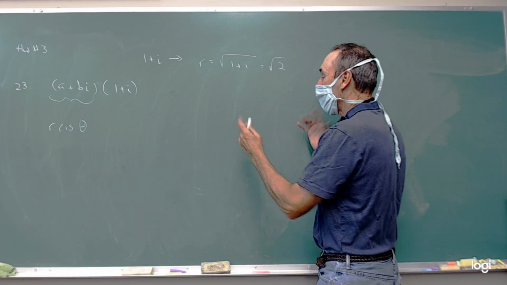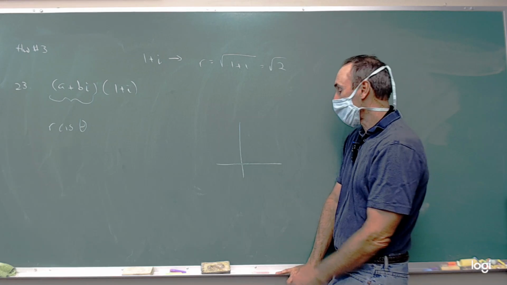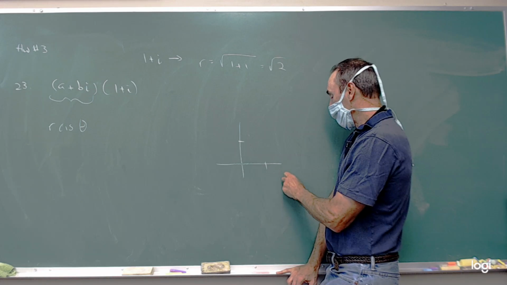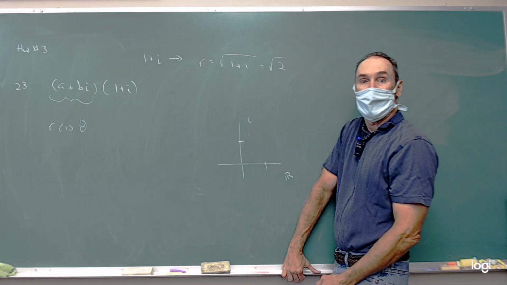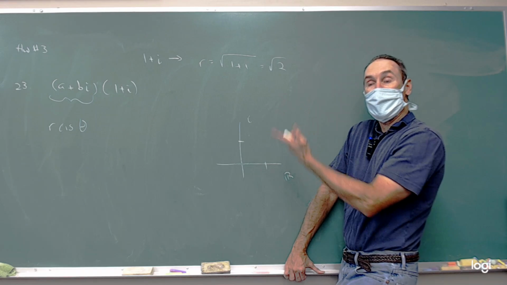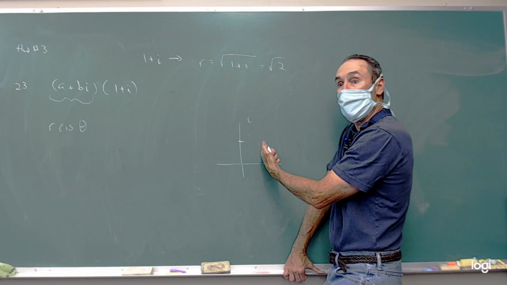Now, you can do the inverse tangent and all that, but I would just think of it, because if you just graph it for a minute, remember, this is our Argand diagram. So the horizontal is the real axis, and the vertical is the imaginary axis. So 1 plus 1i means you're going to go over 1, up 1.